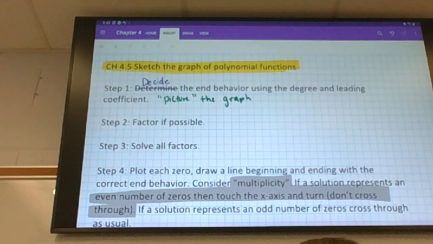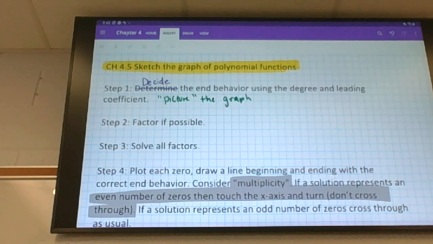Okay, so multiplicity means, oh I know, I'm going to do a little example. I'm going to do 2 full examples with you. So what I'm doing right now doesn't count. You don't need to copy this. I just want to try to show you what I mean by multiplicity. It means that a factor represents more than one solution.